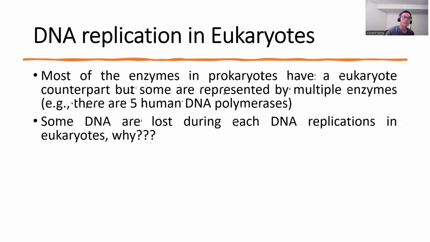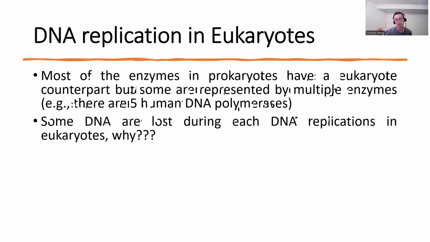Second difference, most of the enzymes in prokaryotes have a eukaryote counterpart, but sometimes the same enzyme is represented by multiple enzymes. For example, in prokaryotes, there are only two DNA polymerases, 3 and 1. For humans, we have 5 different DNA polymerases. They all do similar things.